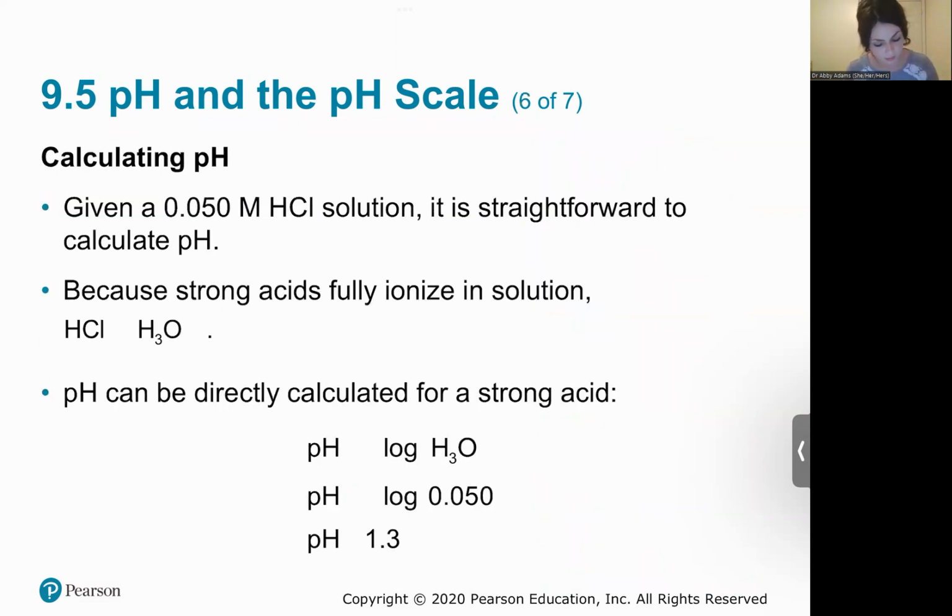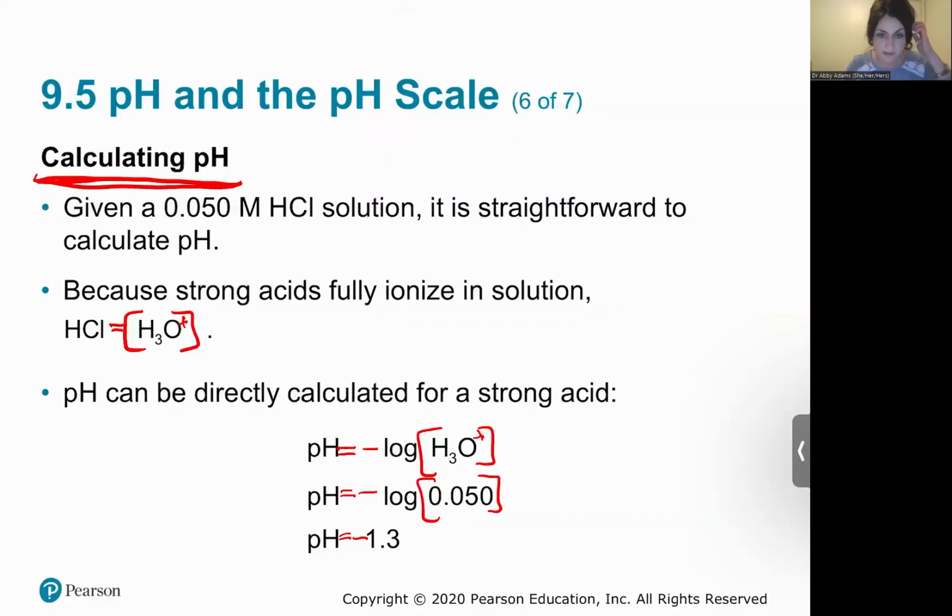So if you are going to calculate pH, all right, let's talk about calculating pH for a second. I have to keep going in and adding in things that your slides are missing. If we are going to calculate pH, and we are given, for example, that a hydrochloric acid solution is 0.05 molar, it's really easy to calculate the pH. So in that case, we know that that's a strong acid, and it's going to completely dissociate or ionize.